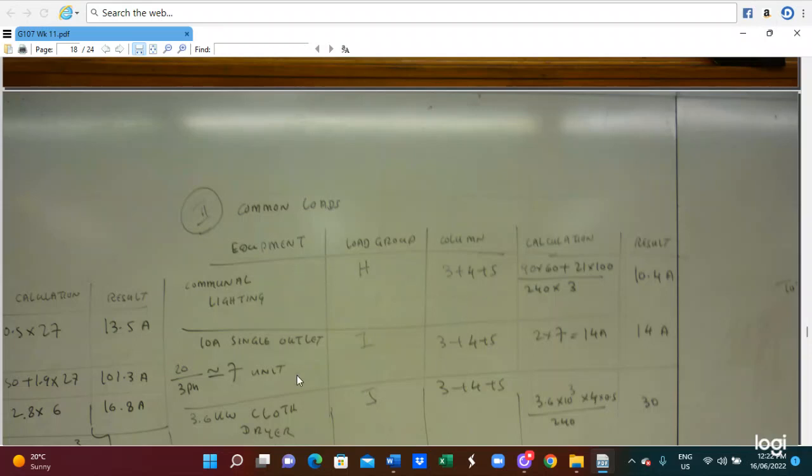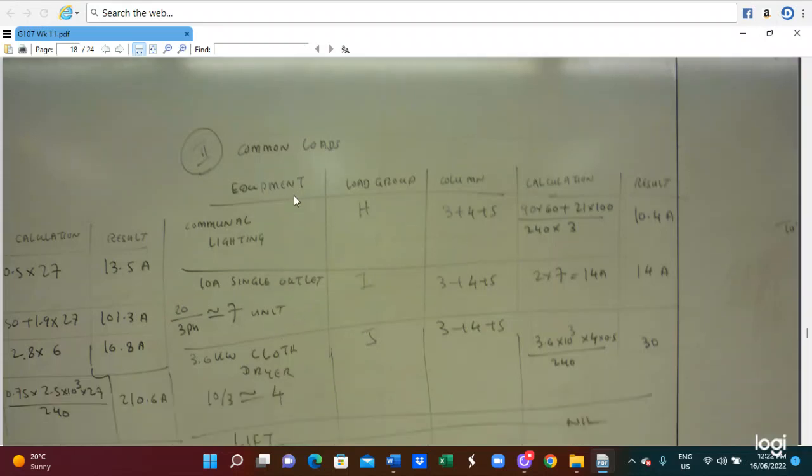So this is another thing, that we also calculate the common load, communal lighting. Communal lighting load group H, so we refer to column 3, 4, 5. So calculation: 90 multiplied by 60 multiplied by 21 multiplied by 100 divided by 240 divided by 3, you got 10.4 ampere.